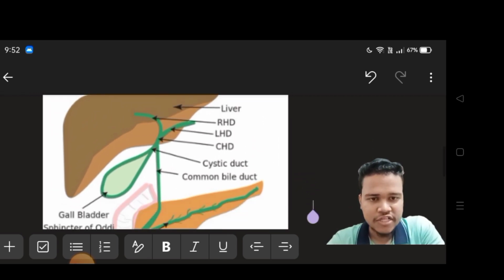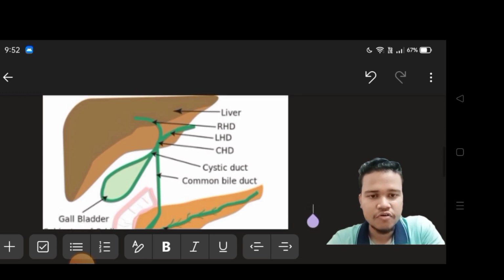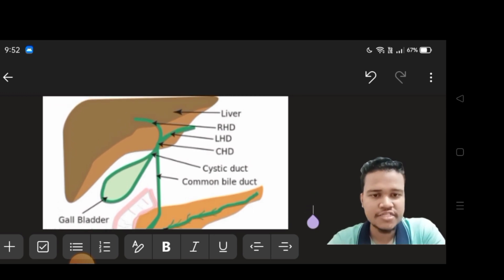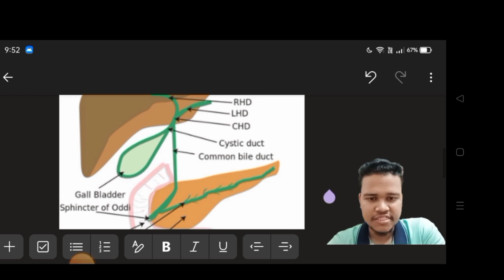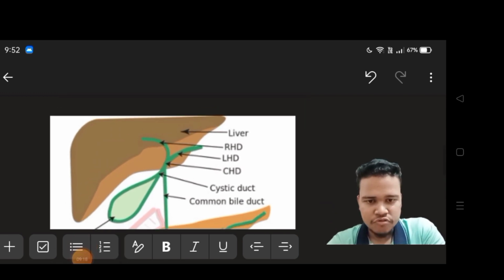Okay, fine. The liver has four parts, or four lobes: the right lobe, left lobe, quadrate lobe and caudate lobe. In this figure, if I draw a line to show the right and left lobes only, it will be like that.